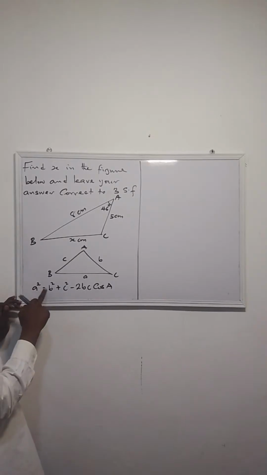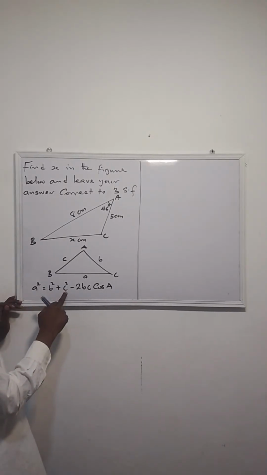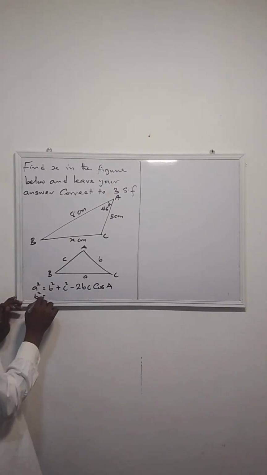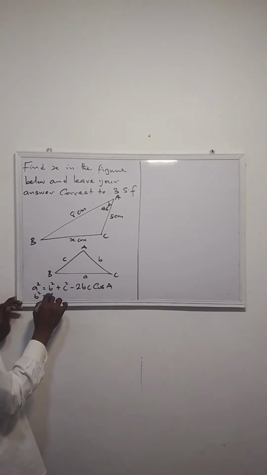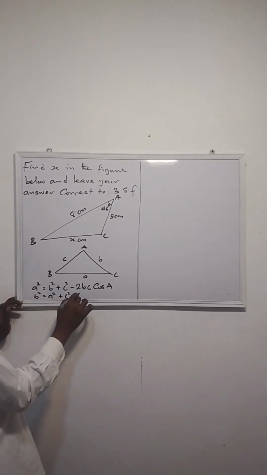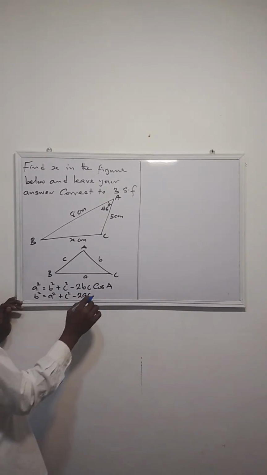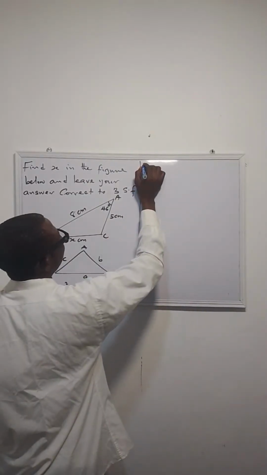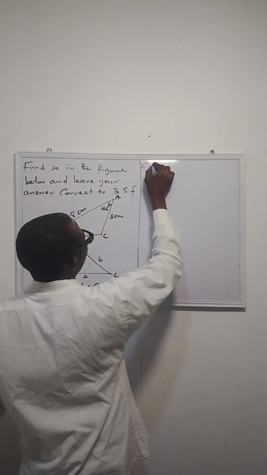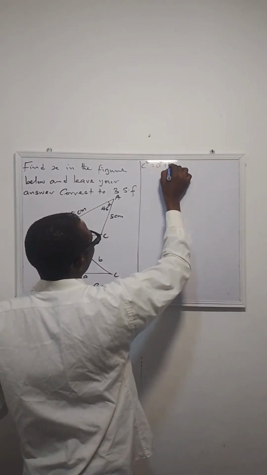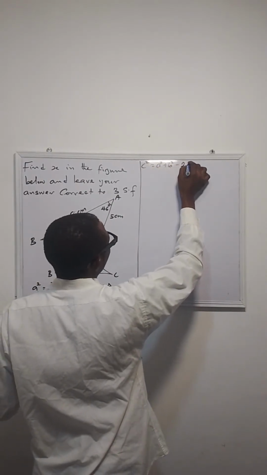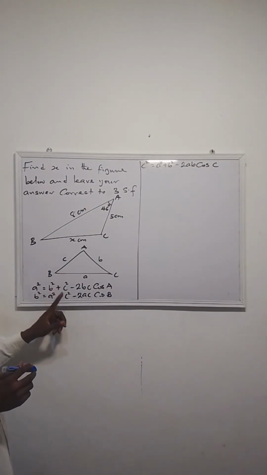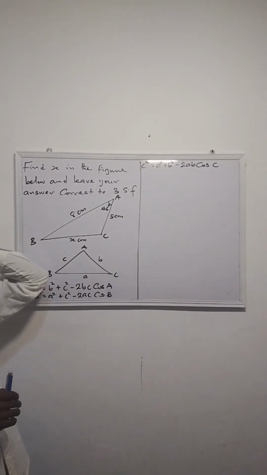So this is side A, side B, side C. And this is angle A. Or you have it as b squared equals a squared plus c squared minus 2ac cos B. And the last one is going to be c squared equals a squared plus b squared minus 2ab cos C. So it's either I use this or this to solve this problem.